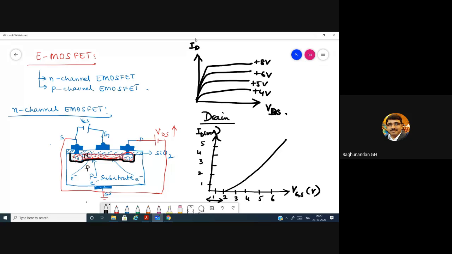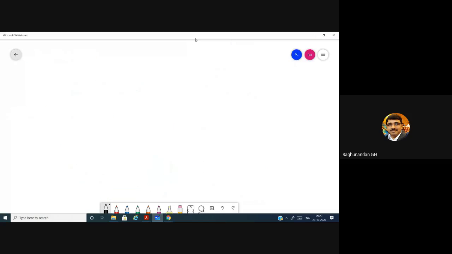Okay, so after this, we are having just the symbols. We'll have a look at the symbols. So this is the gate. This is our drain. This is our source.